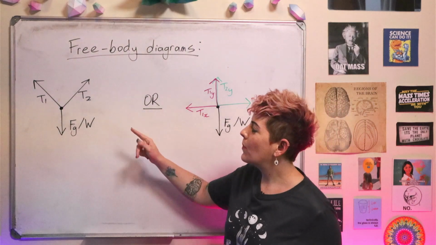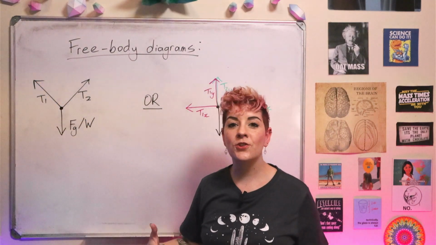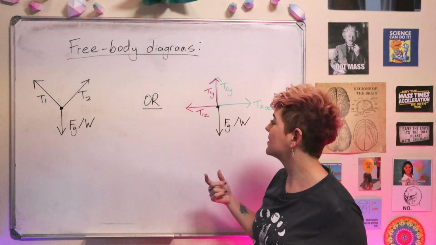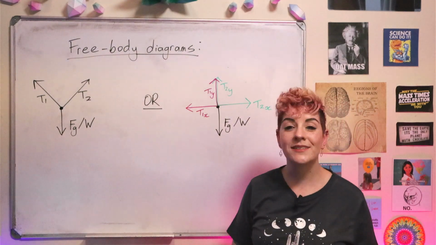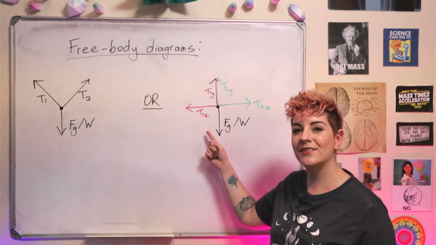So if my force T1 goes there to the left and a little bit up, then its X component T1x will be going to the left, and its Y component T1y will be going up. I've shown them in pink on this diagram.